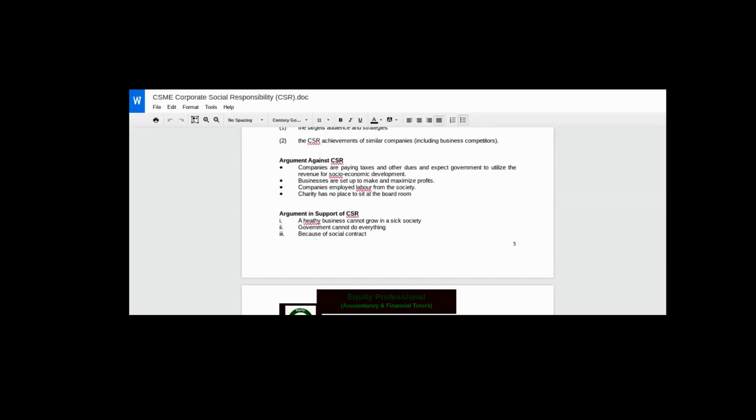So we can't be paying all these tax and you're not coming back to us to take out of our own limited profit to give back to the society again or to go and build roads. These are what the government is supposed to do with the tax. That is the first argument. Two, they say businesses are set up to make and maximize profit.